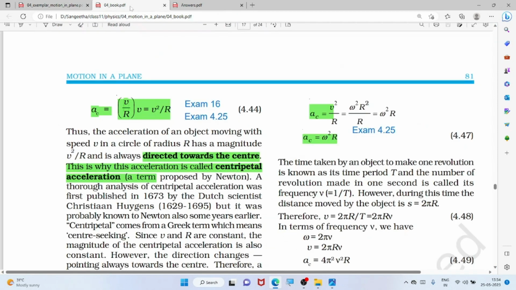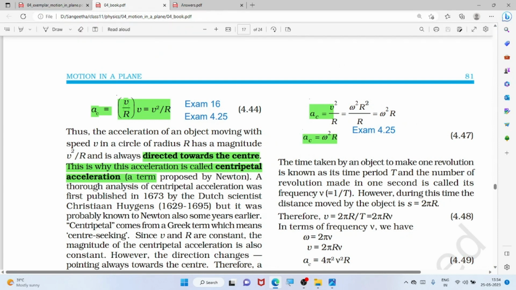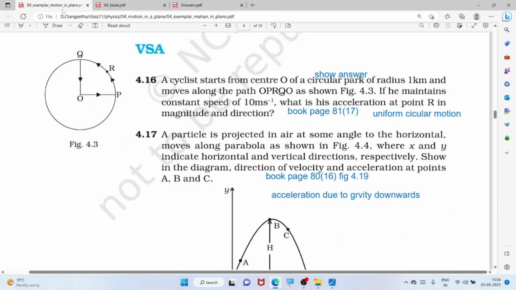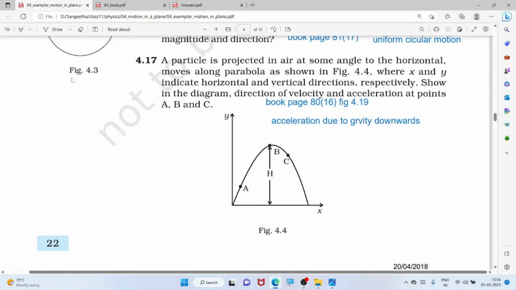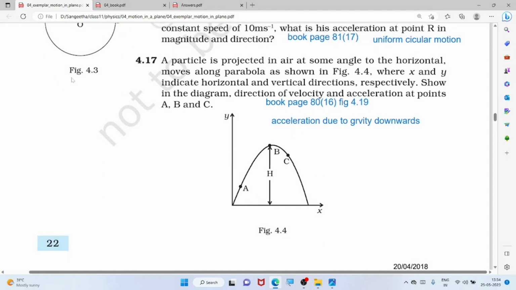Oh, that's 16. 16, 25 also same thing. A particle is projected at some angle to the horizontal along the parabolic path shown, where x and y indicate the horizontal and vertical velocity respectively. Show in the diagram the direction of the velocity and acceleration. Okay, book page 16.